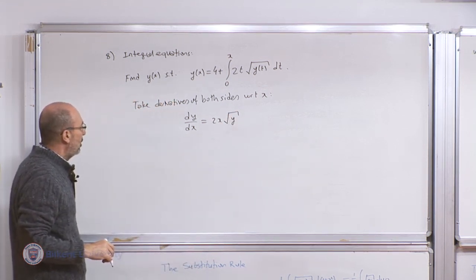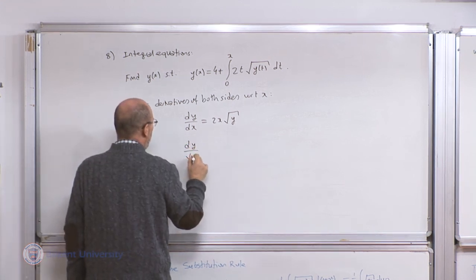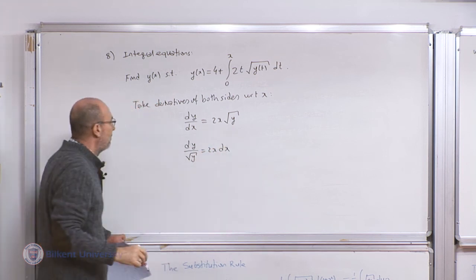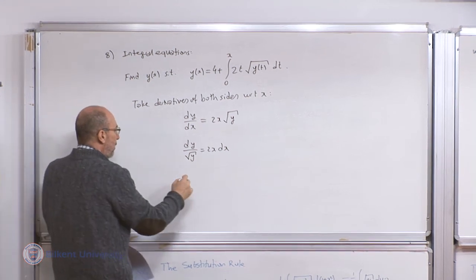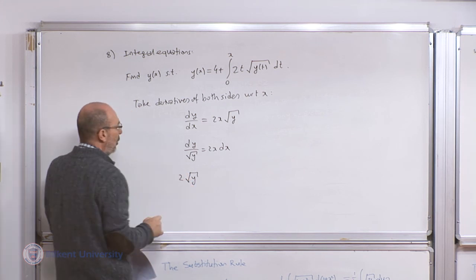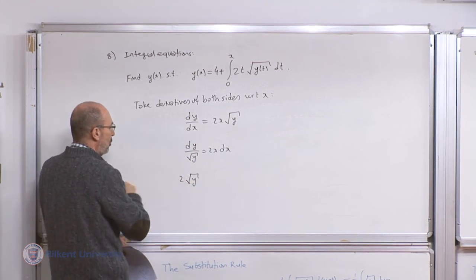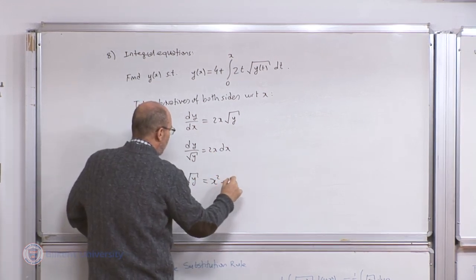Okay, so this is a nice separable equation. Dy over square root y equals 2x dx. What's an antiderivative for this? It should be 2 square root y. If I take the derivative of this, I'll get 1 over 2 cancels and this goes here. An antiderivative for this is x squared plus a constant.